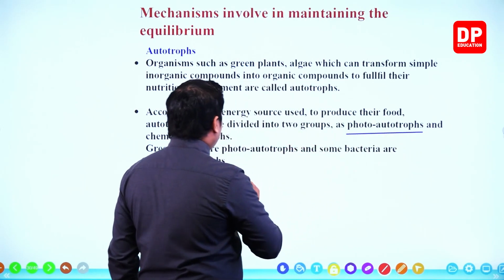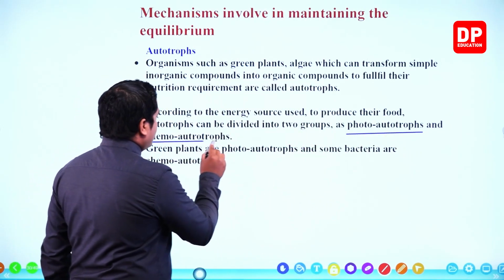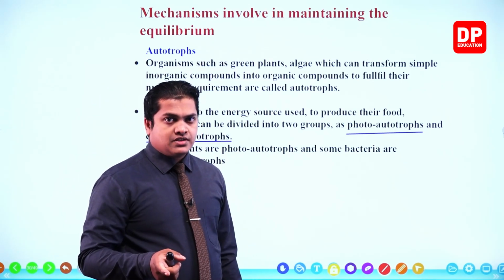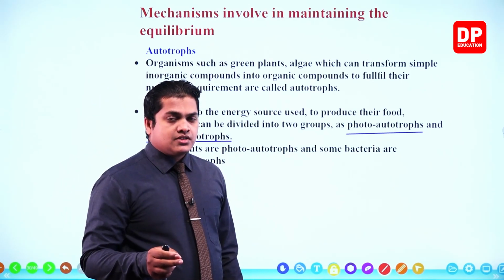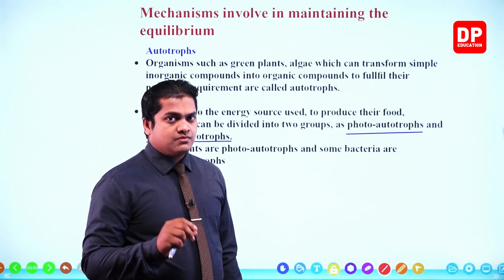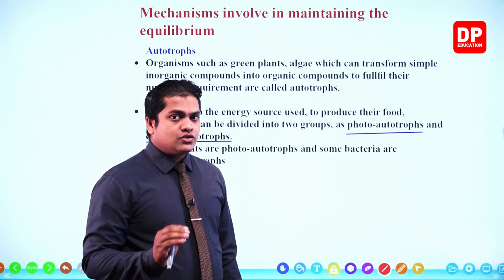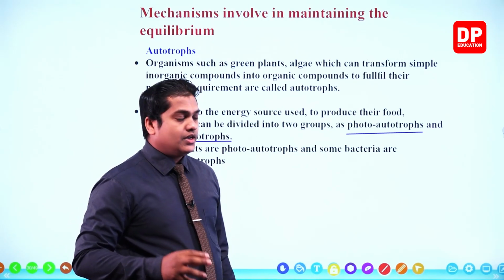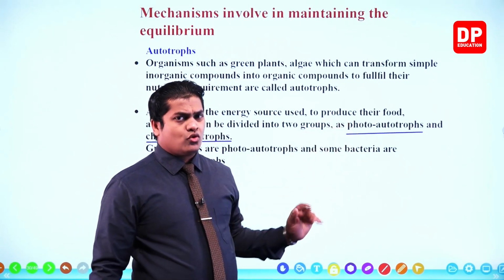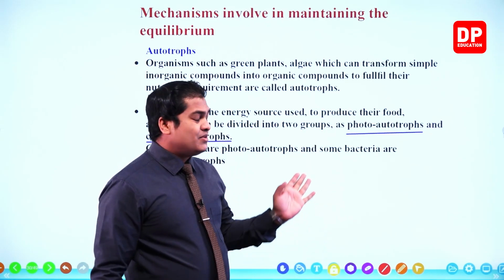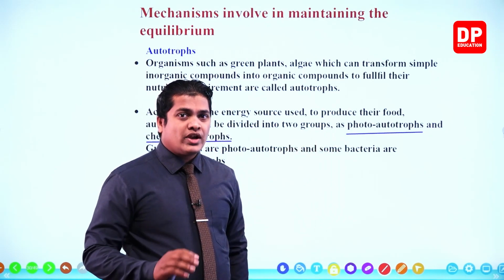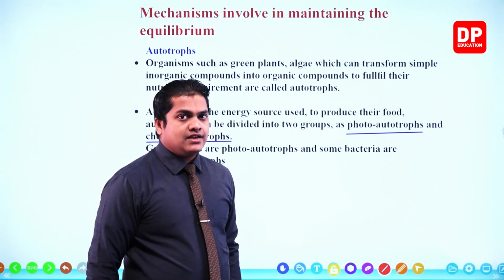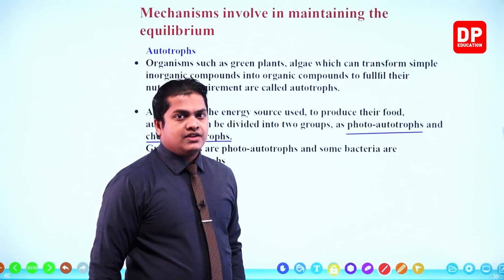Photoautotrophic organisms are the organisms that produce food by using photo. Photo means light. So in simple terms, these organisms carry out photosynthesis. They use light energy to produce their food.